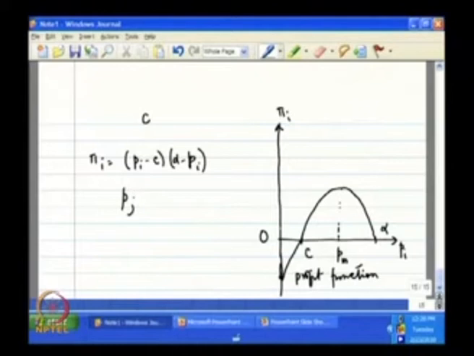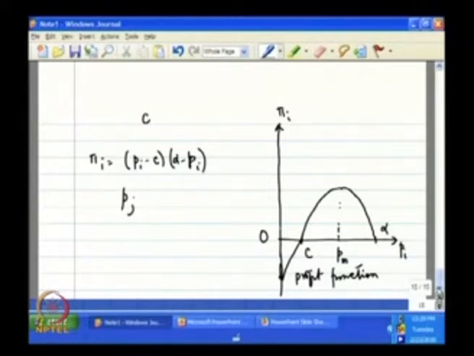Now depending on the location of Pj, how Pj compares to Pi, the response of I will be different, and that is what we have seen just now from our discussion. And the crucial thing to consider is the relationship between Pj and C.